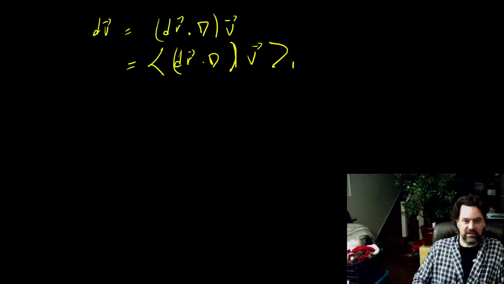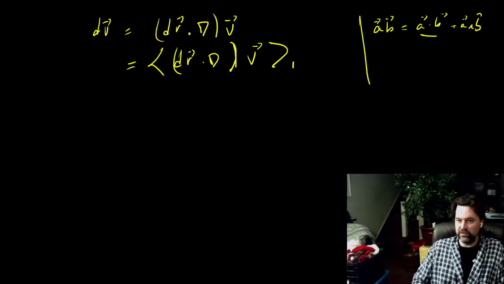Now if we do that, we can make use of the fact that we have two vectors, a, b: a b is a dot b plus a wedge b, and if we have a dot product, we can then rewrite the dot product in terms of the vector product and the wedge product.